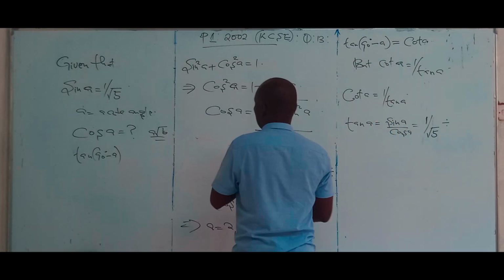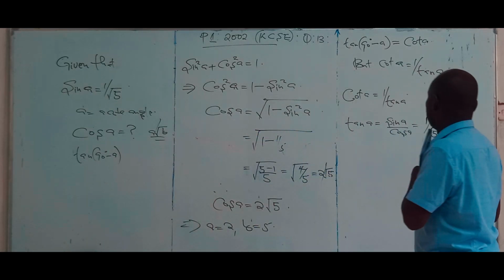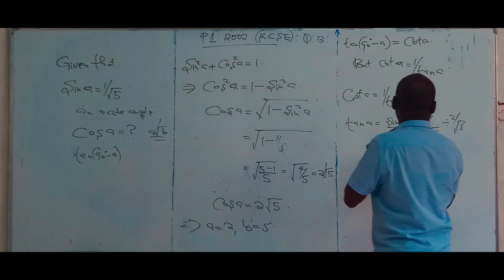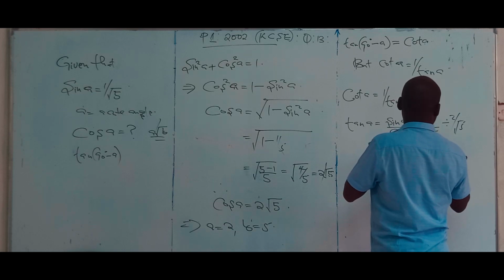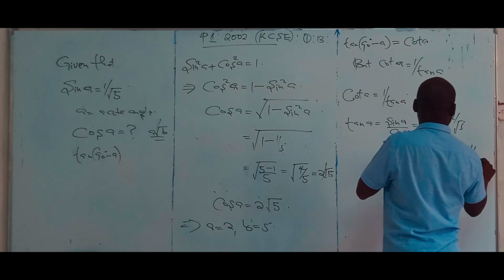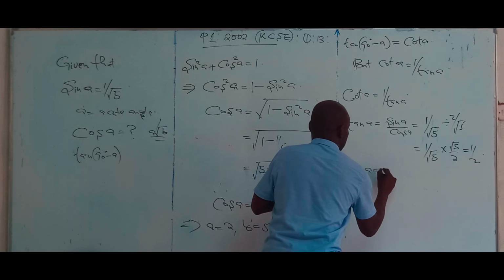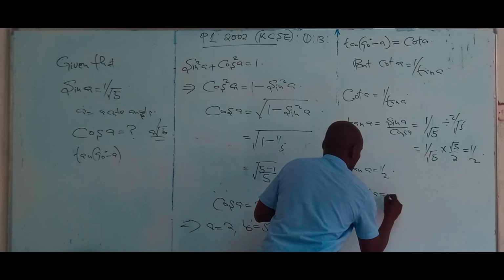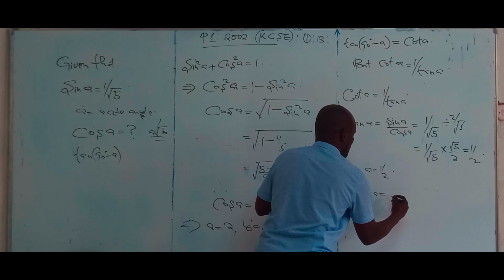This is equal to 1 over root 5 times root 5 over 2, which is a half. So tan A is half, implying that cot A will be the reciprocal of this, which is 2.